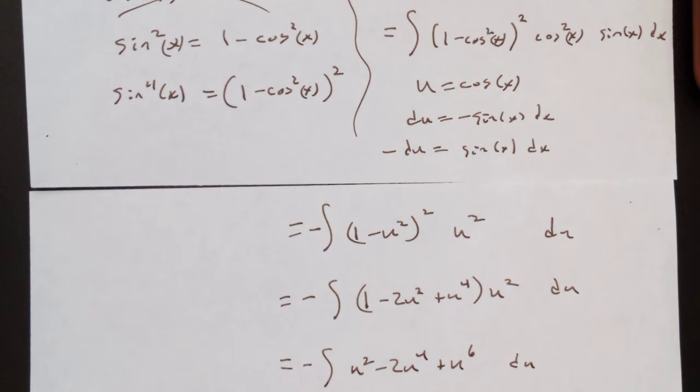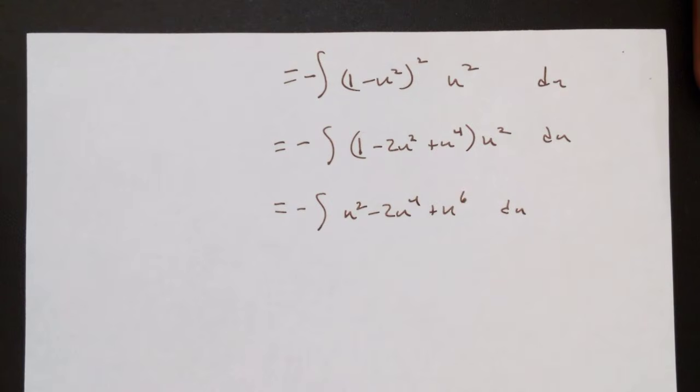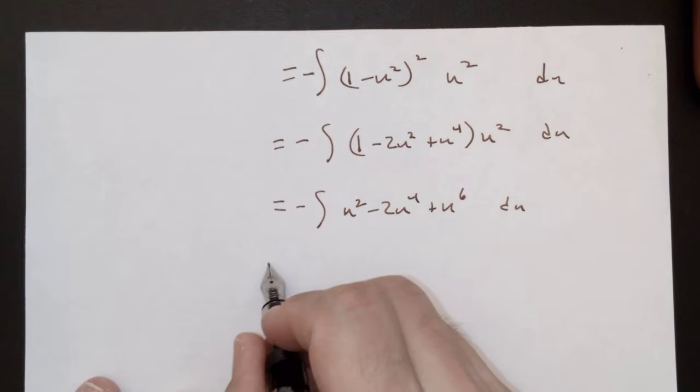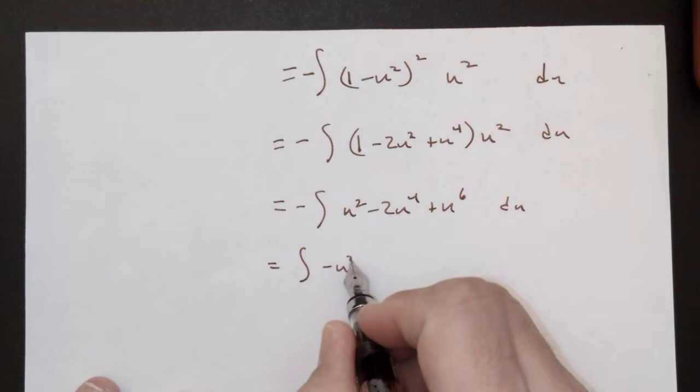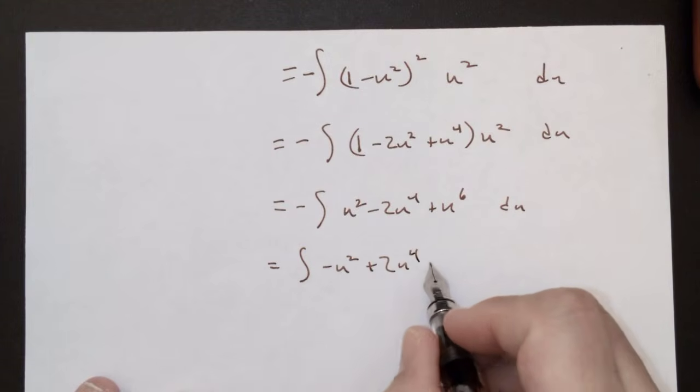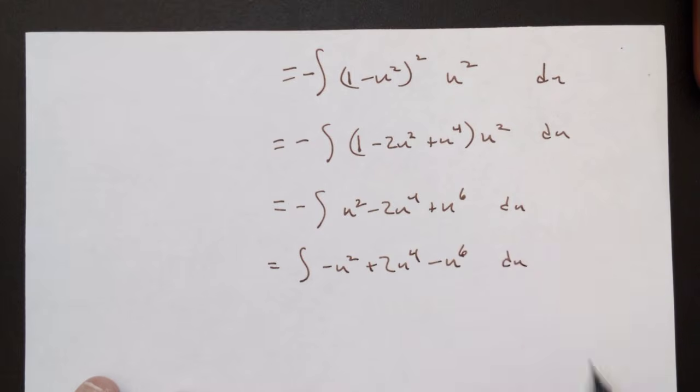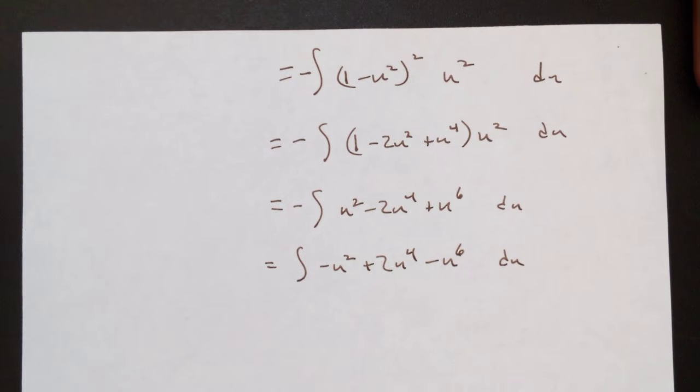If you want, you could multiply the minus sign in as well. And now take your antiderivative.